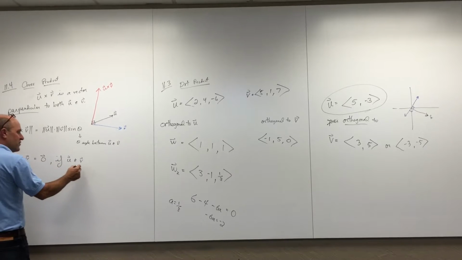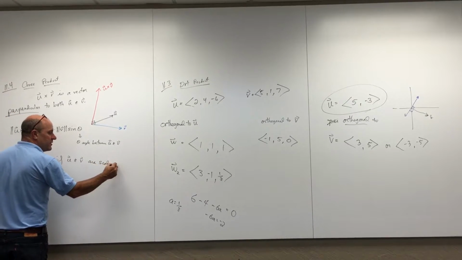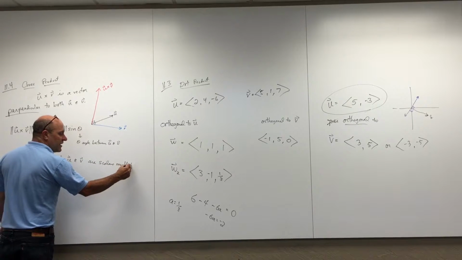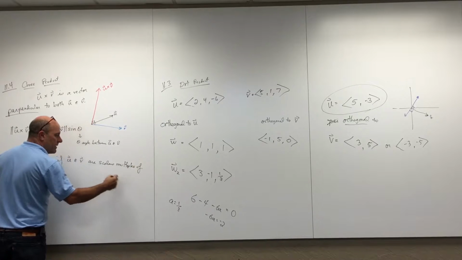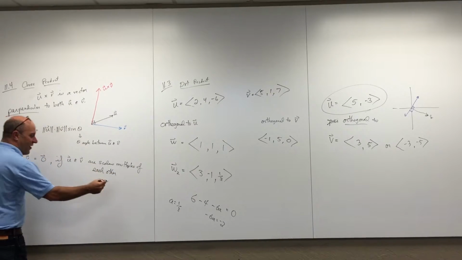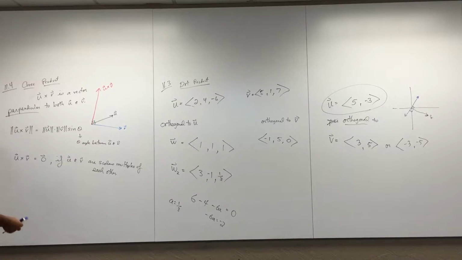So if U and V are scalar multiples of each other, this is the way our book says it, that means they're parallel. But you're not wrong to say the angle between them is 0. That's true, because they're on top of each other, they're scalar multiples, and they're parallel.